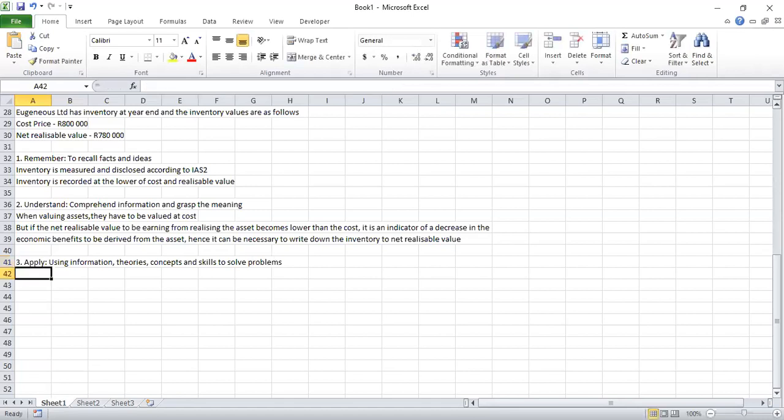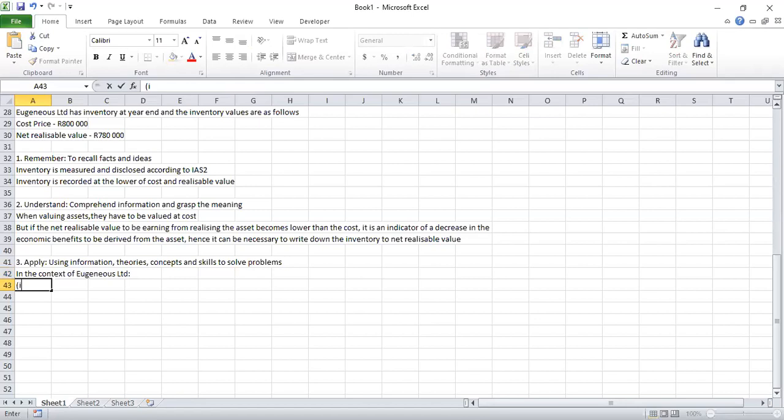I now know that IAS 2 says I should record this inventory at the lower of cost and net realizable value. Then in the context of Eugenius Limited, I'm now applying my theory.